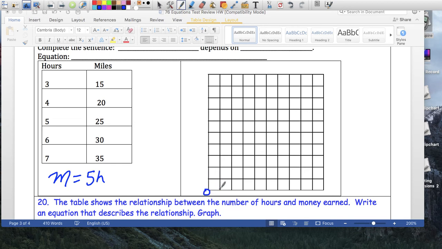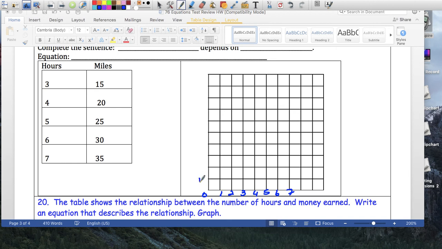Start with 0. Don't start at 3 here and go 3, 4, 5. You've got to make sure you have 1, 2, 3. If you did start with 0 and you wrote a 3 here, the next one has to be 6, 9, 12, because every box has a value of 3. Be careful how you do this. If you do 3, 6, 9, how are you going to put the 4 and 5? You're better off doing 1, 2, 3, 4, 5, 6, 7, up and down.